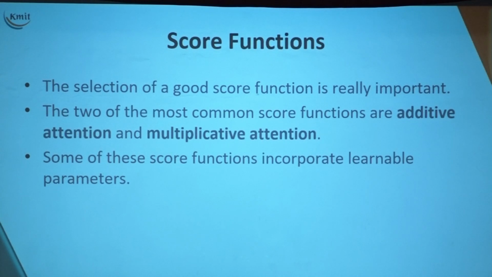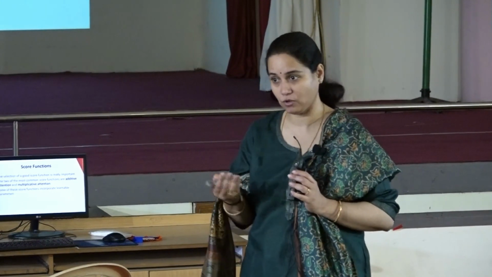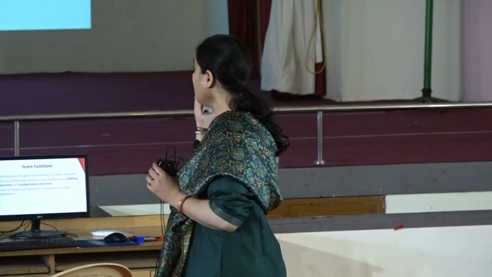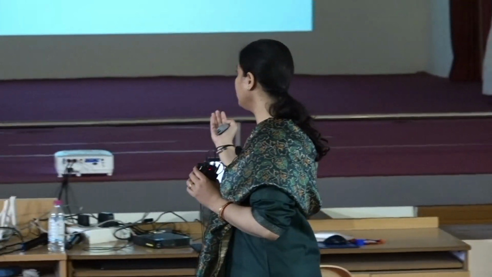What could that mathematical function be? It could be addition, it could be multiplication, dot product. So it is additive attention and multiplicative attention. I am not diving much into detail because I am teaching you types of attention also.